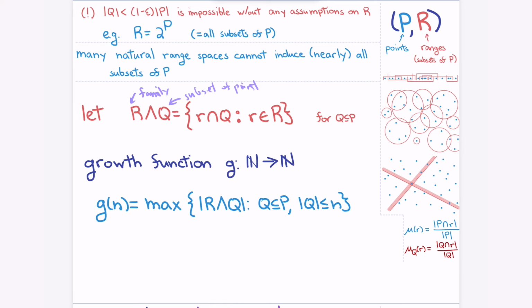You can choose whatever Q you want. So for any points, what's the maximum number of distinct subsets that, say, circles can induce over those points? Squares, rectangles, half spaces, in 2 dimensions, 3 dimensions, 4 dimensions. It's of course at most 2 to the n, but for many interesting shapes, it's actually less.